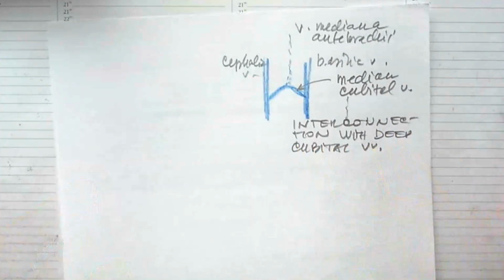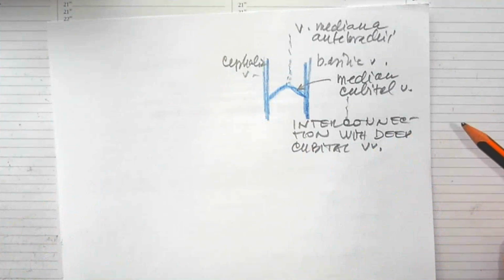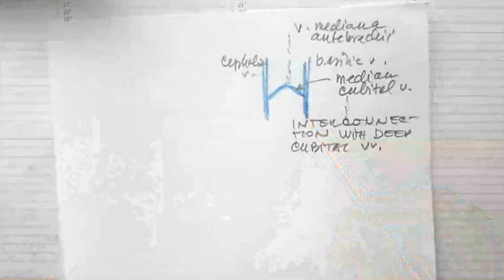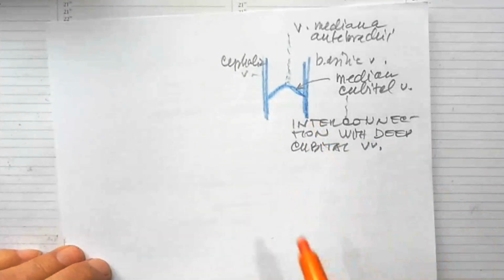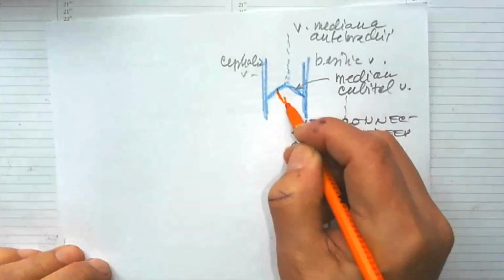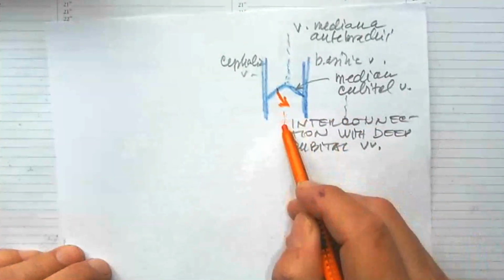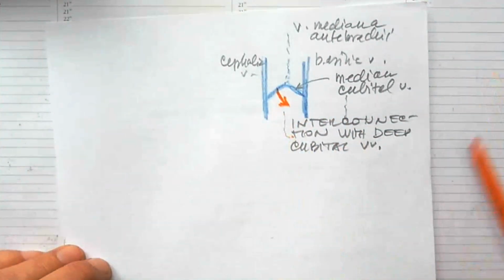Which ones? We are in the cubital region, so it must be the brachial vein or its branches. And I would add a red or orange arrow.